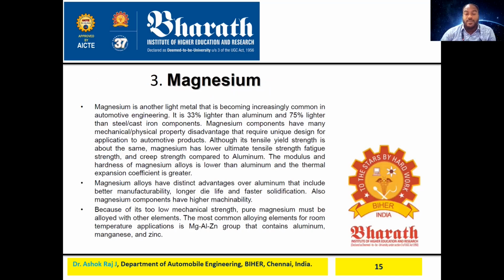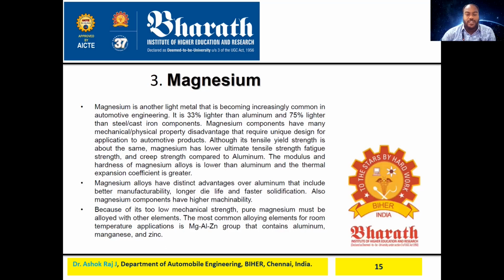Magnesium components have many mechanical and physical properties that require unique design for the application of automobile products. Although tensile yield strength is about the same, magnesium has a lower ultimate tensile strength comparatively. Why? Magnesium alloys have distinct advantages over aluminum, including better manufacturability, long life, and faster solidification.